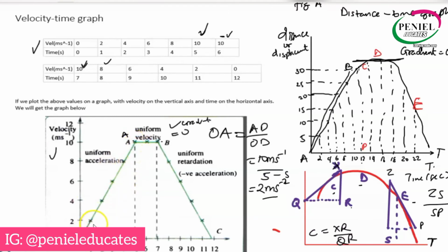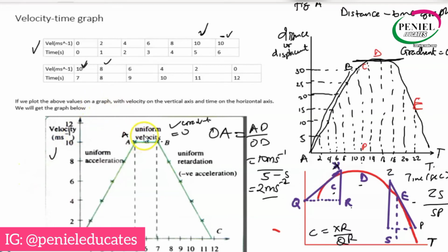This particular one is a uniform acceleration because the velocity is increasing by equal amounts in equal time intervals, 2 meter per second in every 1 second. Now we also discussed that a uniform or constant velocity is the velocity of a moving object where equal distances are covered in equal time intervals.